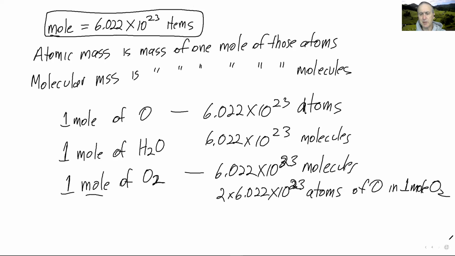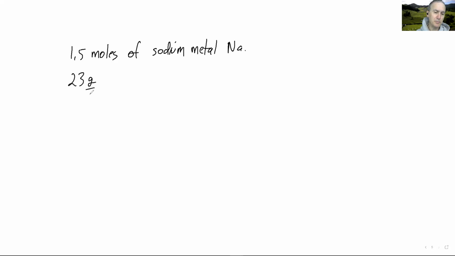So how do we use that in some calculations? Well, say I wanted to know how much 1.5 moles of sodium metal weighed. Sodium metal, Na, okay? That's the symbol for sodium. Well, the atomic mass of sodium is about 23 grams per mole, right? And then I'm going to have 1.5 moles of it.